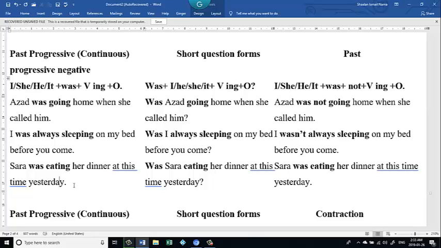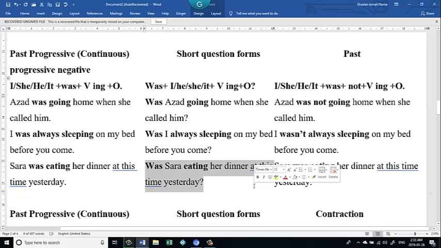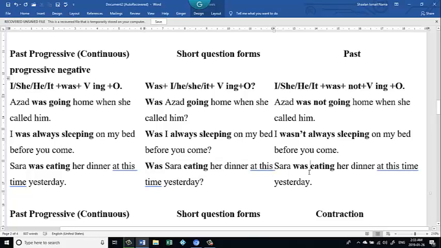The action was continuing. Then if we make a question, short answer, we say, was Sarah eating her dinner at this time yesterday? Then question mark. To make it negative, Sarah wasn't eating her dinner at this time yesterday.